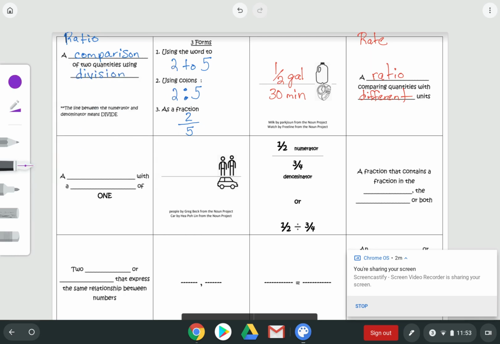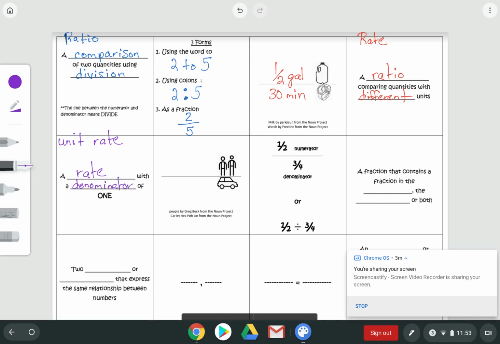Next, we're going to talk about a unit rate. And a unit rate is just a rate with a denominator of 1.